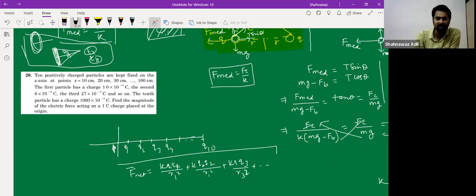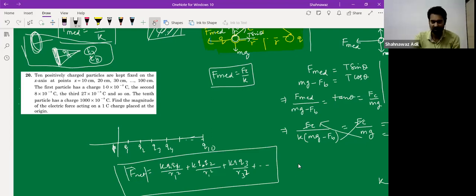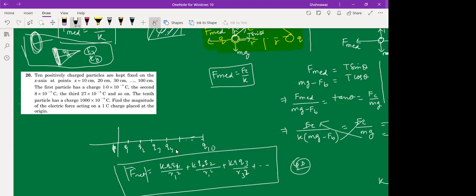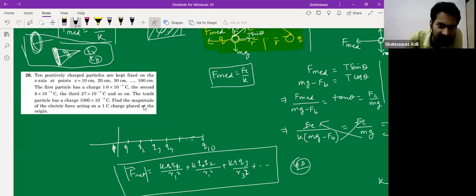You have to calculate the magnitude and use this GP kind of thing. Understood, guys? Yes, sir. Just use that and try to solve this problem. Take the screenshot, guys.